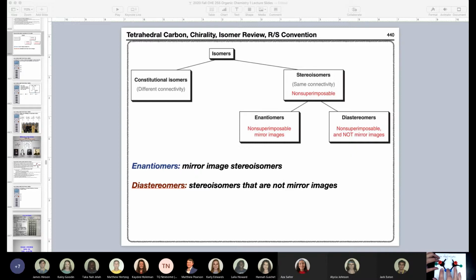When you have mirror image isomers, or stereoisomers, they're called enantiomers, as we see in the chat. The thing about them is, now watch what I'm doing. I'm doing a single rotation. I can line the hydrogens up with one another and the fluorines up with one another. But notice now the bromine and chlorine, those do not align.